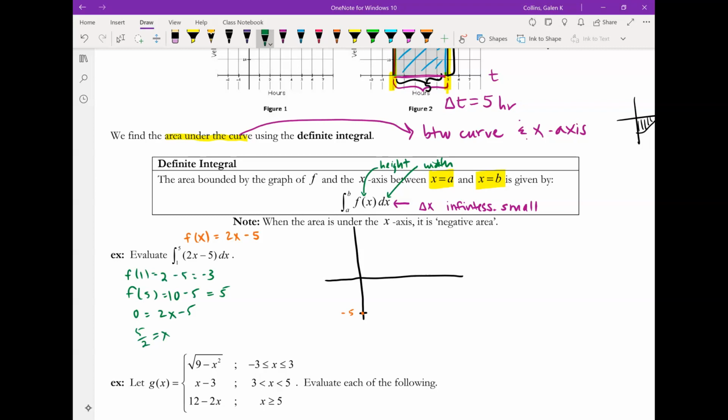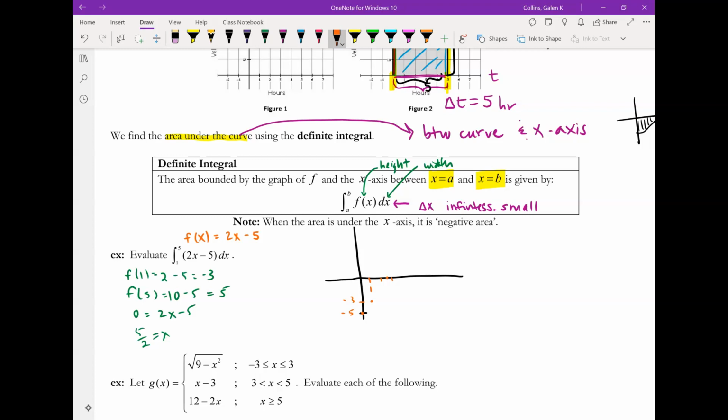Okay, so if we sketch this graph, I know that when x equals 1, this function is at -3. So I'm just going to say that's -3. When x equals 5/2, so 1, 2, 3, 5/2 would be 2.5, it's going to be crossing the axis.